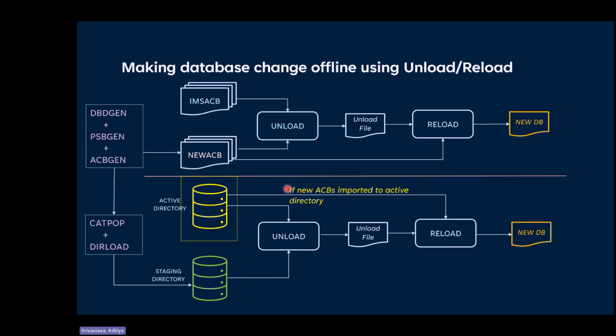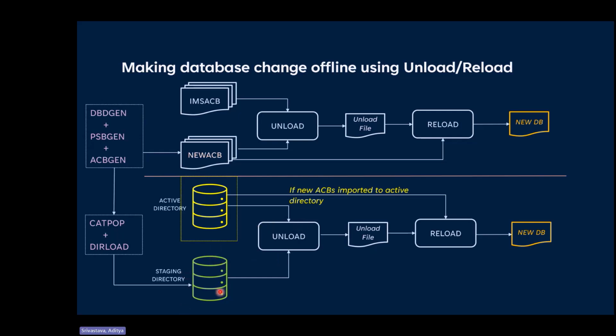Obviously, sometimes we only run the unload part just to create an unload file. We don't really have any need to run reload because we are not making any changes to the definitions of the database. We just want to create an unload file. At times we do that, right? And if you are doing that, unload first checks in the staging directory.